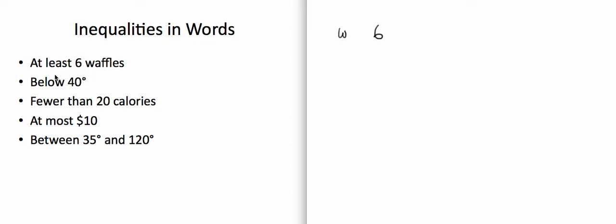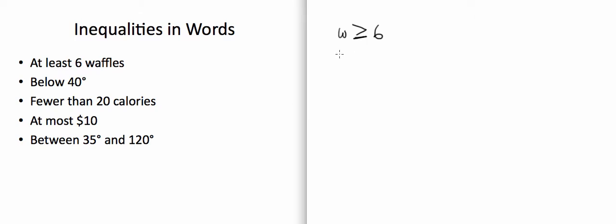At least says that you're going to have 6 waffles, and you're not going to have any less than that. So you're always going to have more than 6 waffles. So it's greater than, but you also have that equal to part, because you can have 6 waffles and still be good. You can still have the 6, but you want 6 or more. So you have the equal to part to it.